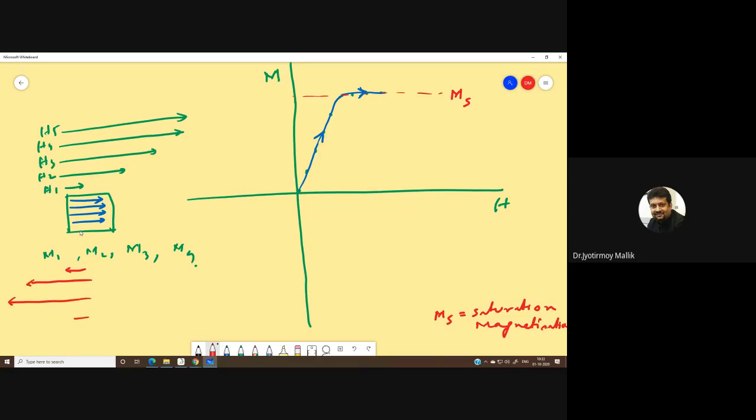Only the direction of H has changed now. What I will observe is that my magnetization will start to fall, but it will not fall in the same way. It will not follow the same curve. It will follow a different curve.